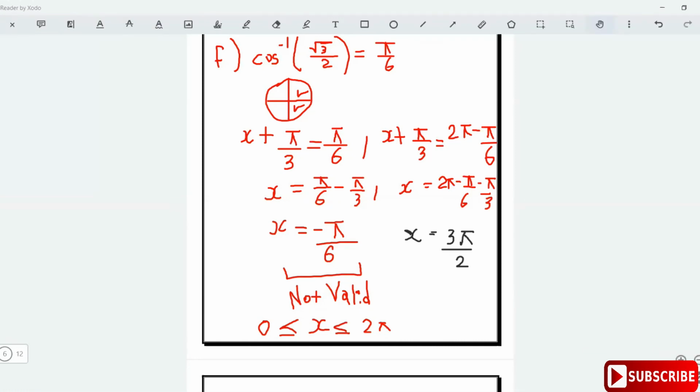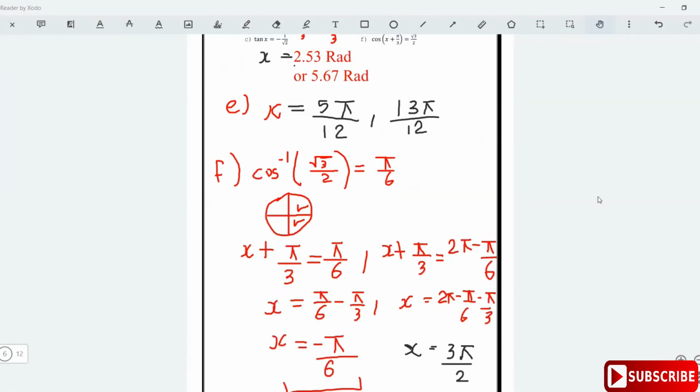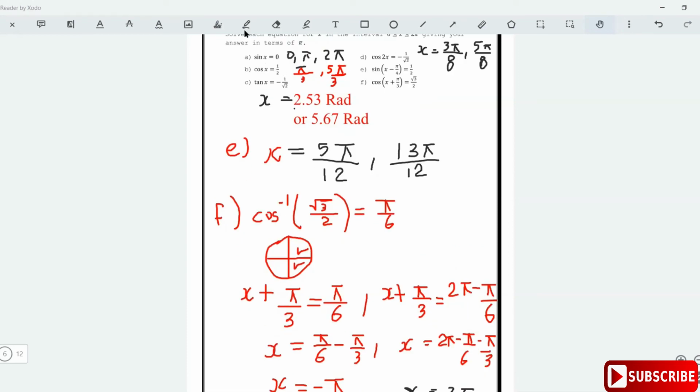Part F answer, 3 pi by 2. So just to write it right here, x equals 3 pi by 2. So no troubles at all. These are so easy. All right, nice.